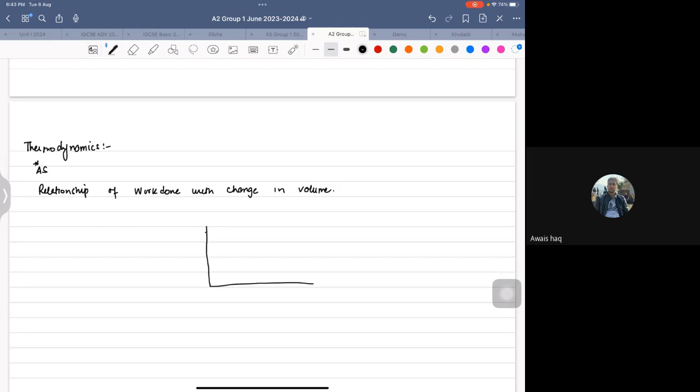So in AS, we learned that suppose there is a syringe like that, and the syringe is pulled like this inside by a plunger like that.